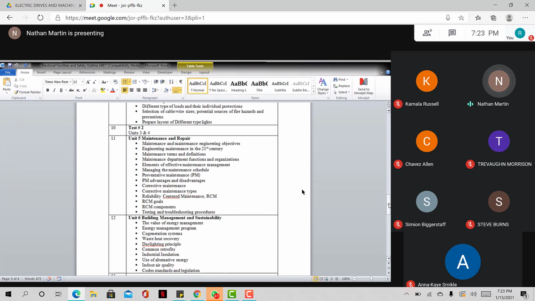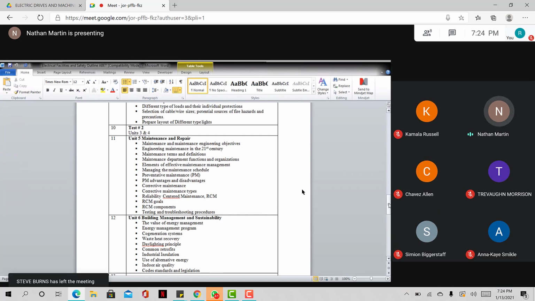All right, unit 5, we'll be looking at maintenance and repair. So we look at calculations involving reliability engineering, which will be covered under reliability-centered maintenance, right? There are a number of calculations we can do to find out our maintenance time and our repair time for different pieces of equipment.